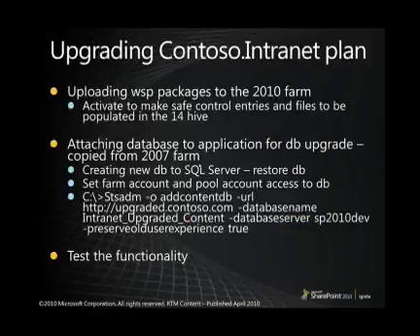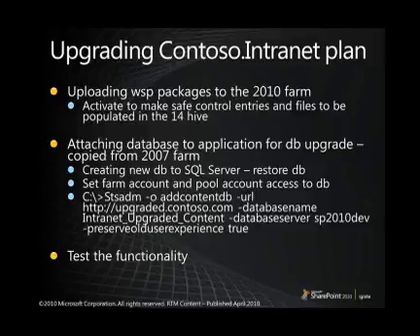So the upgrading plan of the Contoso intranet was the following. Basically, upload the WSP packages to the SharePoint 2010 farm and activate those packages so that the safe control entries are added to the web config files, and all of the required feature files and site definition files are located in the 14 Hive or the 14 root folder.